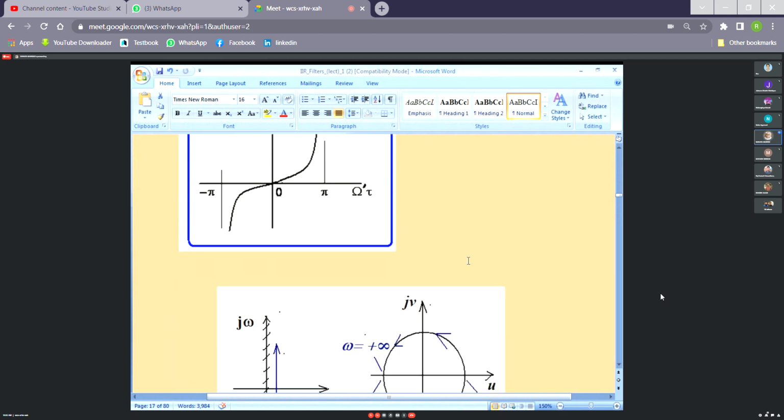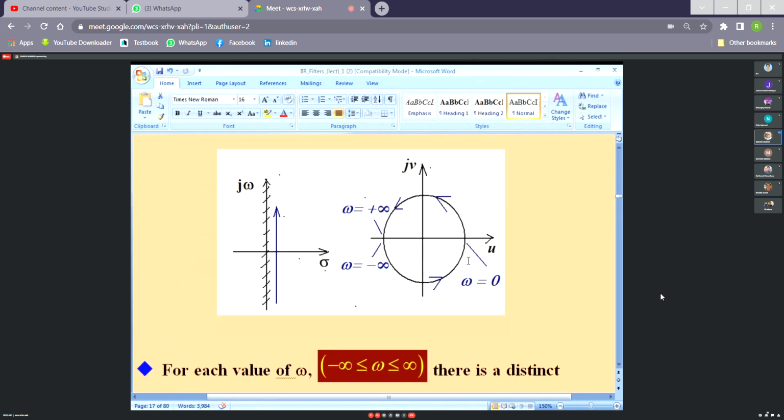So now just try to see here that when you start traveling along the j omega axis from omega equal to minus infinity, here in the z plane you were there, because omega prime tau should be minus pi.